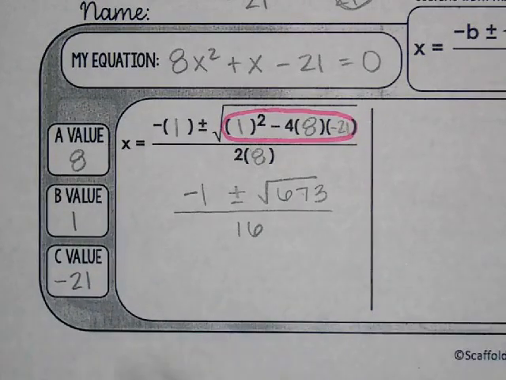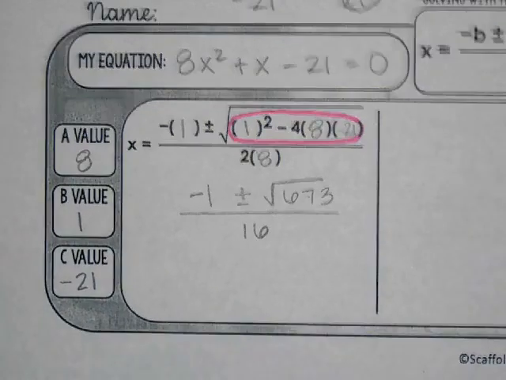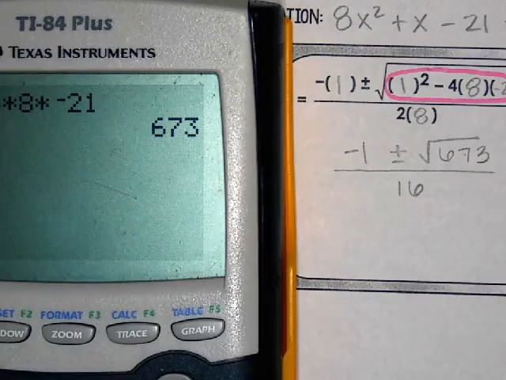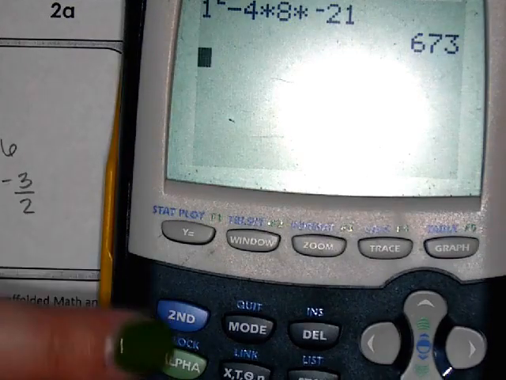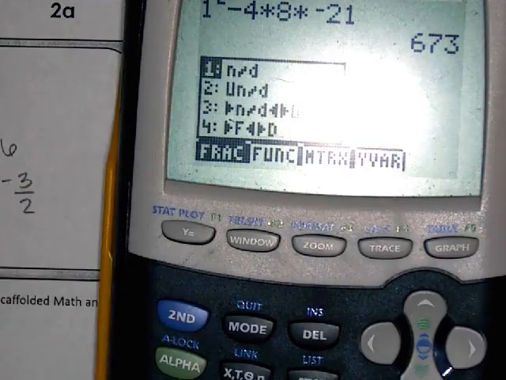Okay, so how do we type a fraction on our calculator so that we can plug this in? Okay, so alpha y equals, we're going to get that green button y equals, and we press enter. I should hear a little bit of clicking because everybody's following along.